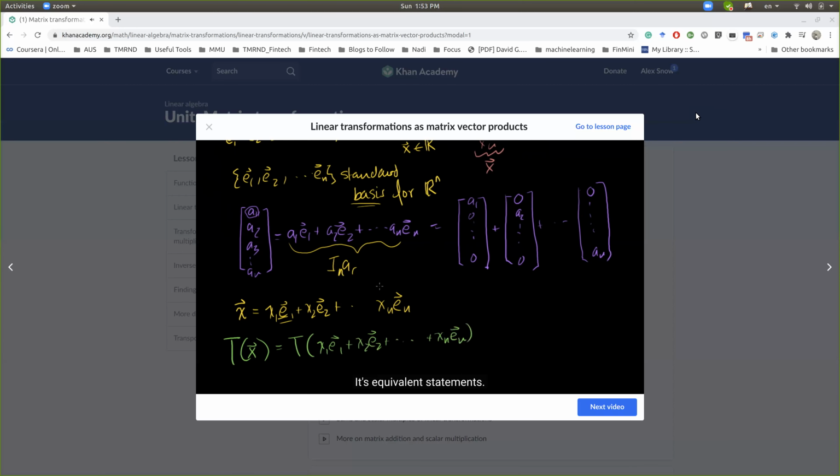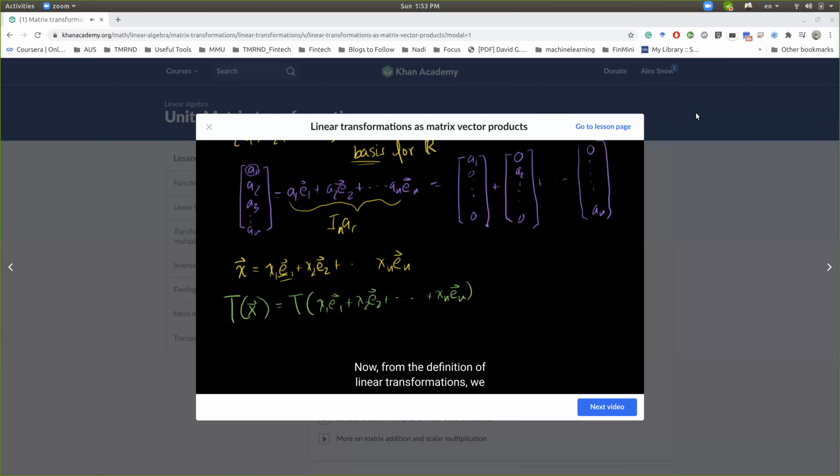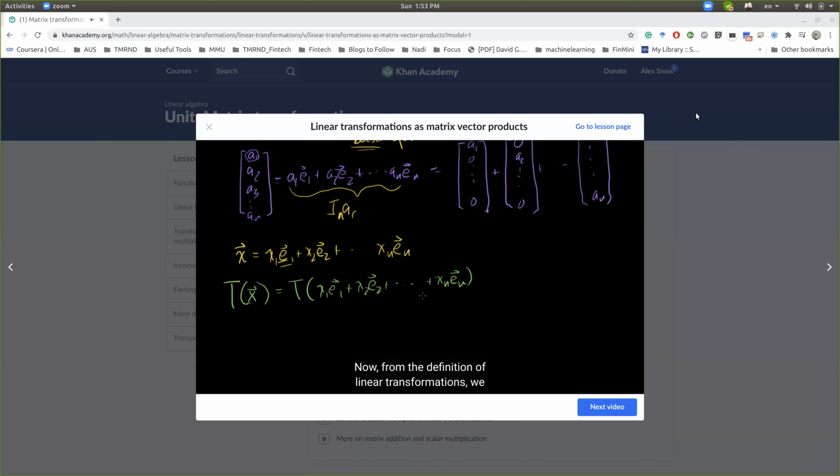It's equivalent statements. Now, from the definition of linear transformations, we know that the transformation of the sum is equal to the sum of the transformations. So this is equal to the transformation of x1 e1 plus the transformation of x2 e2, where this is just any linear transformation. Let me make that very clear.